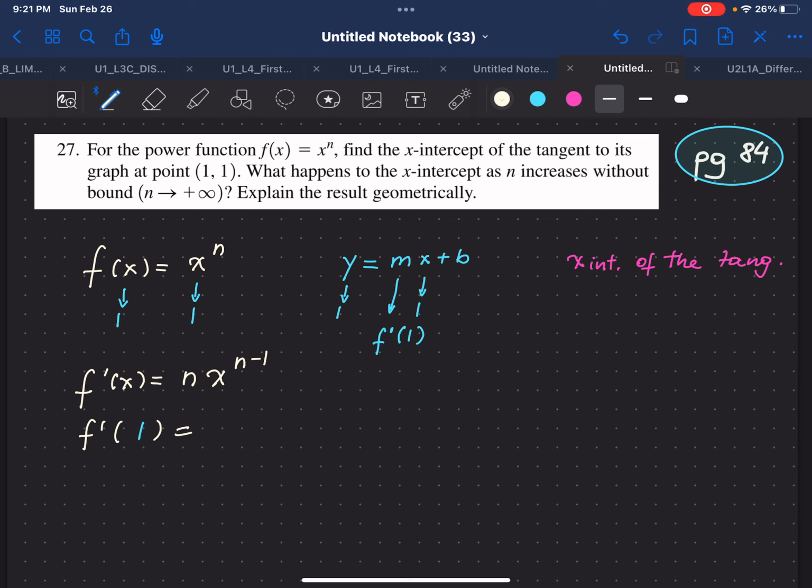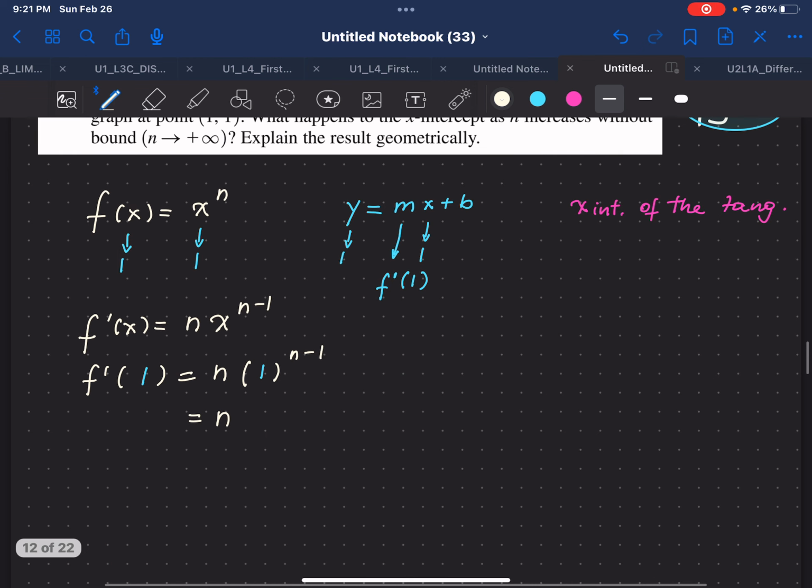That would be equal to the coefficient n, and we replace x by 1, to the power of n minus 1. Now remember again, the number 1 to any power will give 1, which means that the derivative of this function will be n, or f prime of 1 equals n. So the value of the slope will be n.